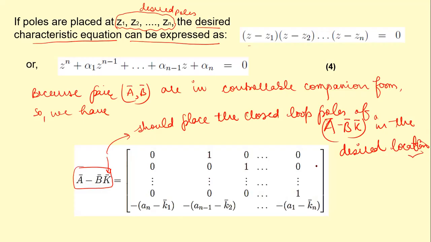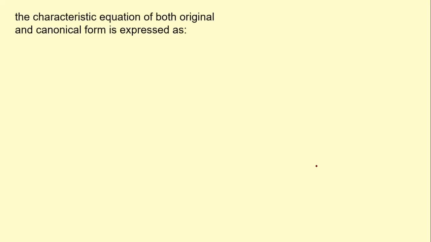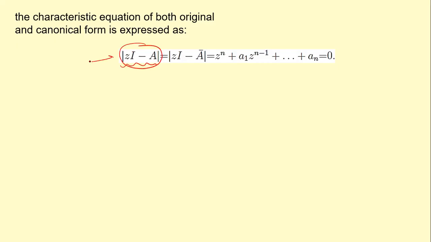Okay. So now let us see the characteristic equation of the original and canonical form. This is the characteristic equation of the original system, and this is the characteristic equation for the canonical form, right?